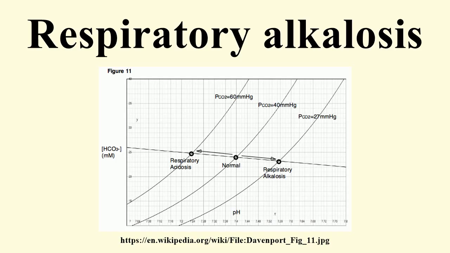Circulating hydrogen ions and bicarbonate are shifted through the carbonic acid intermediate to make more CO2 via the enzyme carbonic anhydrase. According to the following reaction, the net result of this is decreased circulating hydrogen ion concentration, and thus increased pH. There is also a decrease in ionized blood calcium concentration.